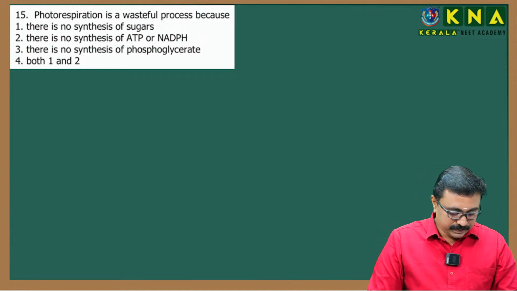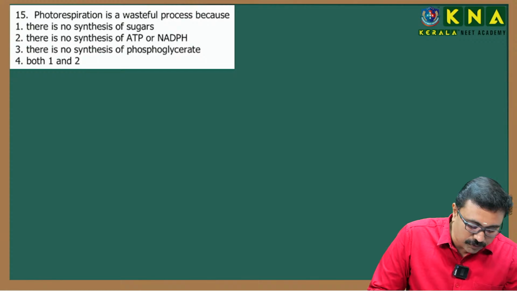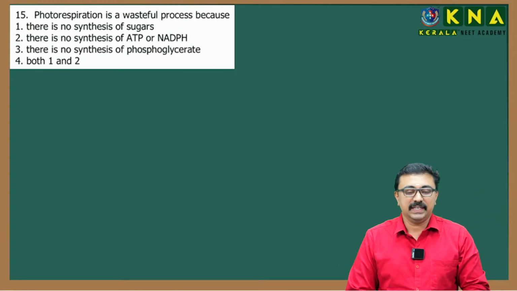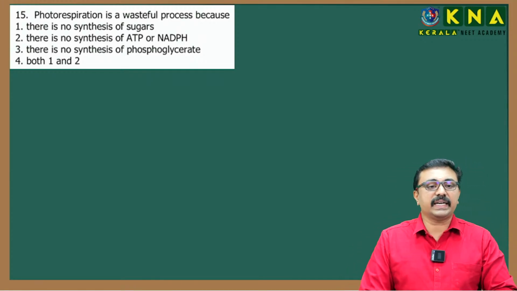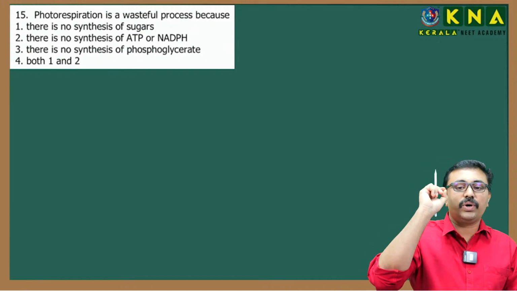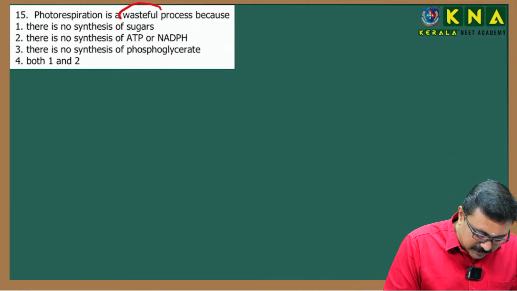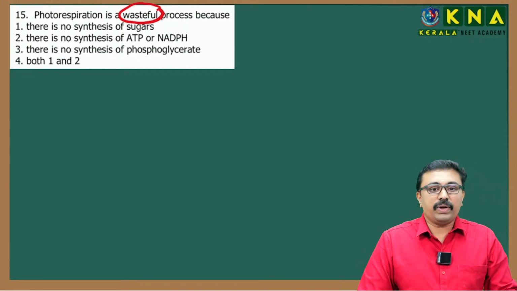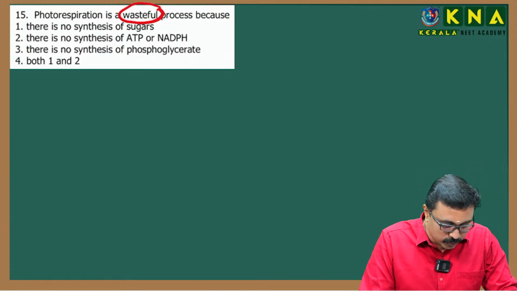Next question. Photorespiration is a wasteful process because... We all know photorespiration is an important term in this chapter, and it is described as a wasteful process. Why? Options: first, there is no synthesis of sugars.